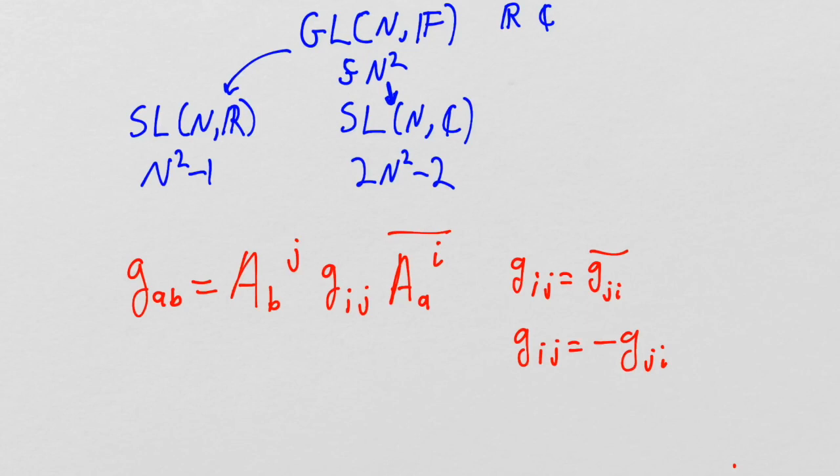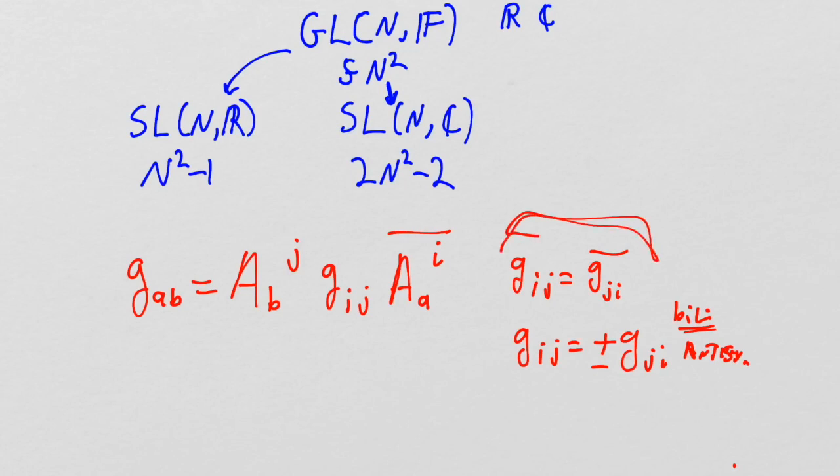So you could also say it this way: Gij equals plus or minus Gji, and that covers the bilinear symmetric and bilinear antisymmetric cases, right? The point is the constraints all look like this.